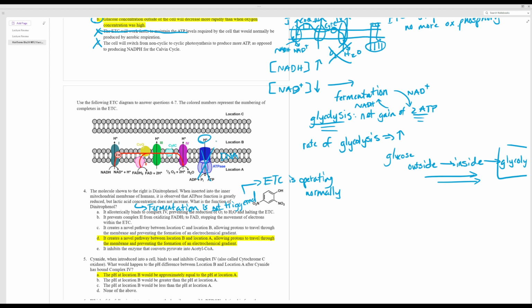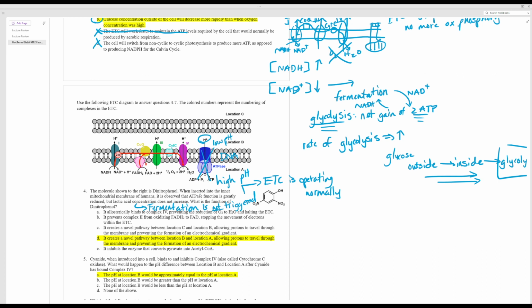When we have a low pH here, aka high H plus concentration, and a high pH down here at location A, we have a spontaneous flow of H plus going down its concentration gradient, right? That's chemiosmosis, which provides the energy necessary for ATP synthesis.